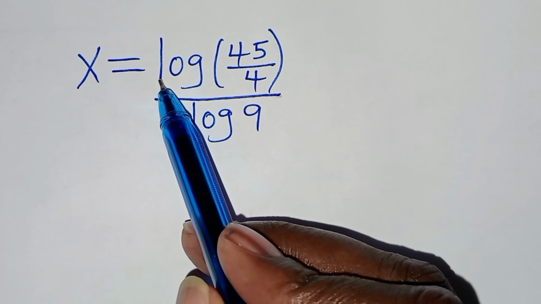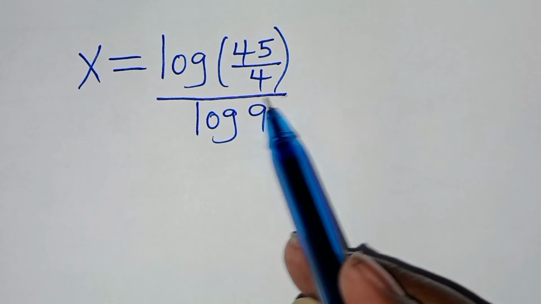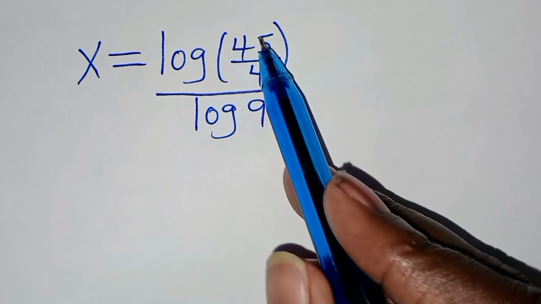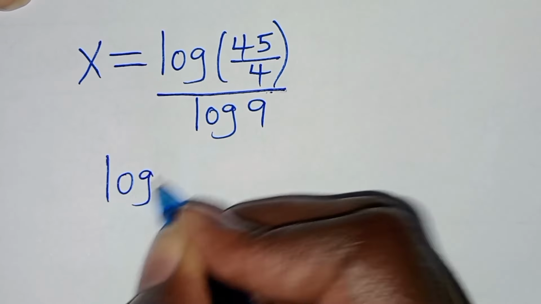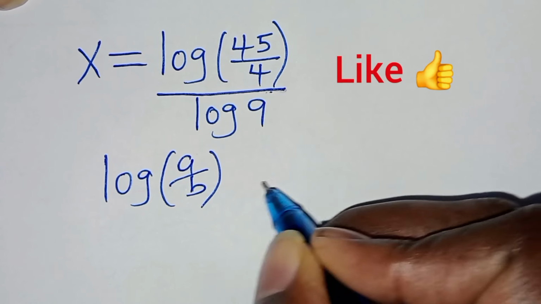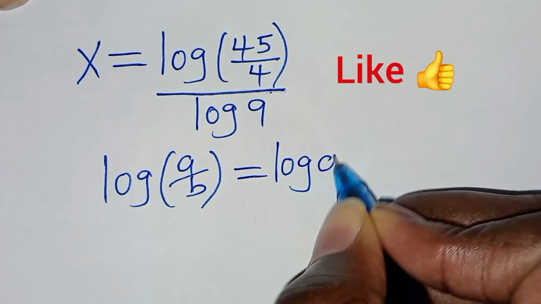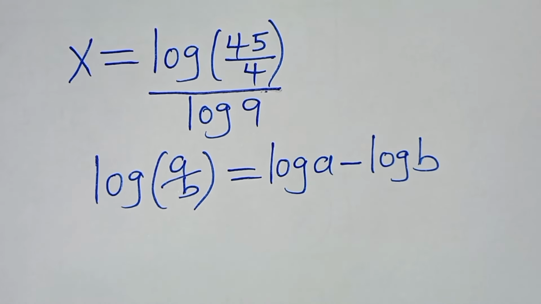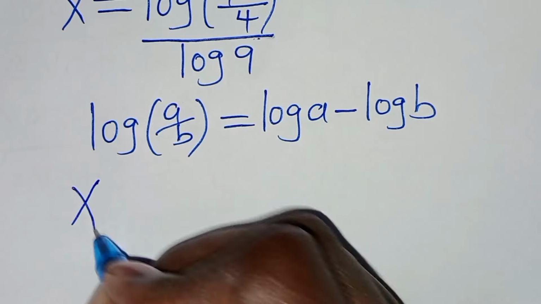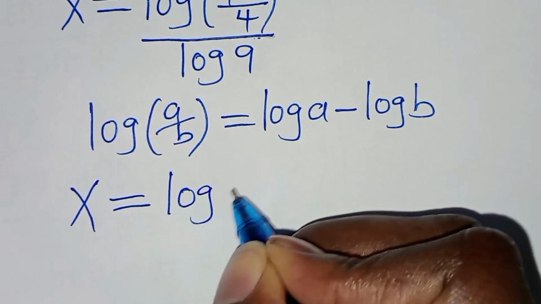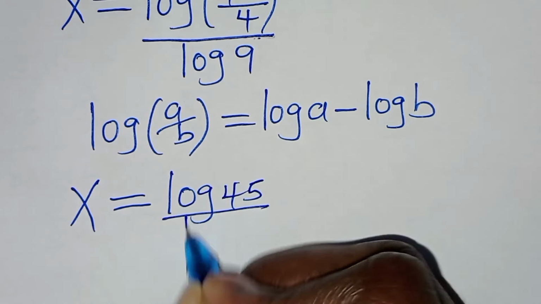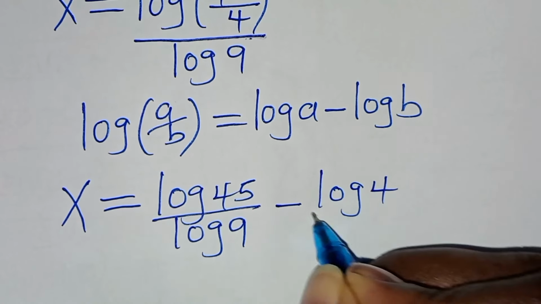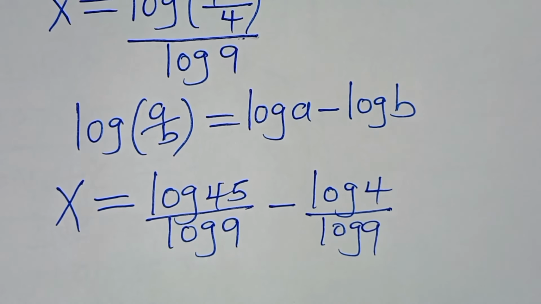Now we have x is equal to log 45 over 4 divided by log 9. Now, log 45 over 4 is in the form of log a over b, which you can express as log a minus log b. Applying this logarithm property, we have that x is equal to log 45 divided by log 9, subtract log 4 divided by log 9.